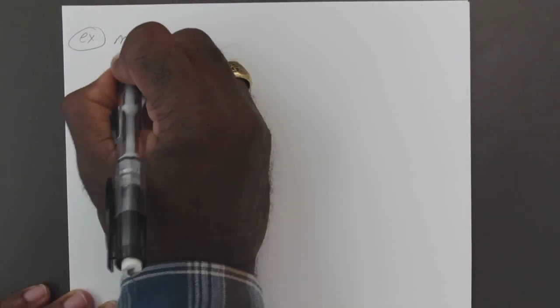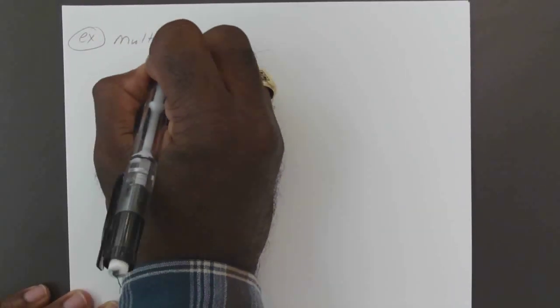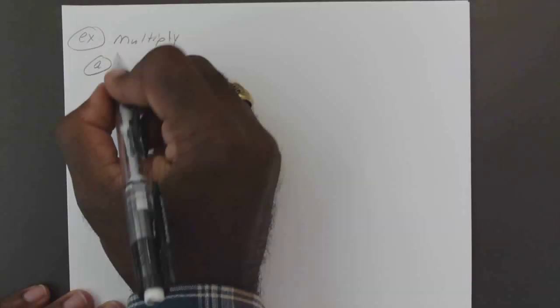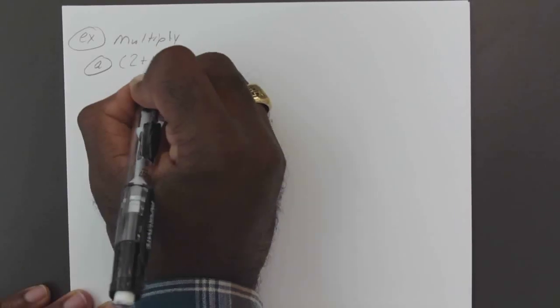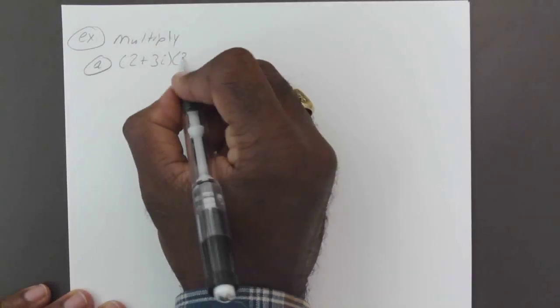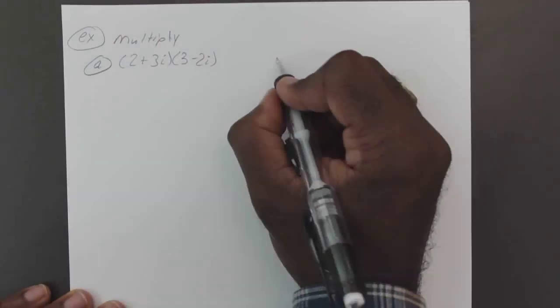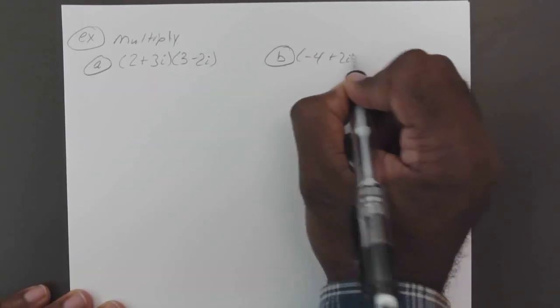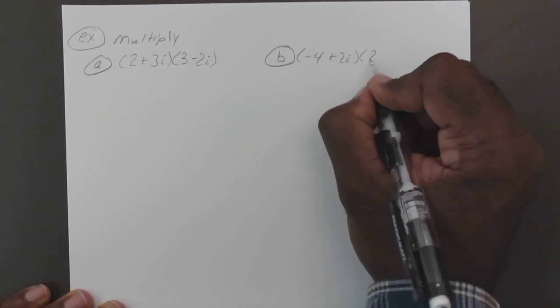Okay, so let's say if you wanted to multiply, say for A, 2 plus 3i times 3 minus 2i. And let's say for B, negative 4 plus 2i times 2 plus i.